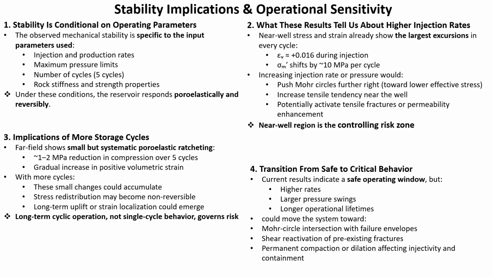This means that higher injection rates, larger pressure swings, or long-term cycling could potentially push the system towards excess deformation or failure. So rather than us concluding that the system is always stable, the key implication is that coupled flow geomechanics simulations like this are essential for defining safe operational envelopes, especially for underground hydrogen storage.